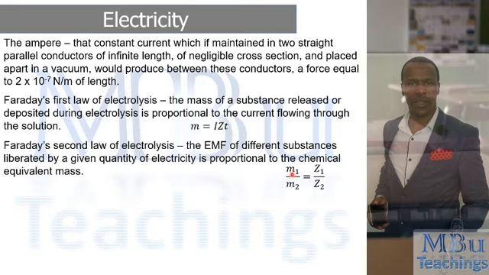So here we just have M and Z, M being the mass and Z being the electrochemical equivalent. That electrochemical equivalent is measured in grams per coulomb. The mass in these formulas is measured in grams. That is why Z is in grams per coulomb.